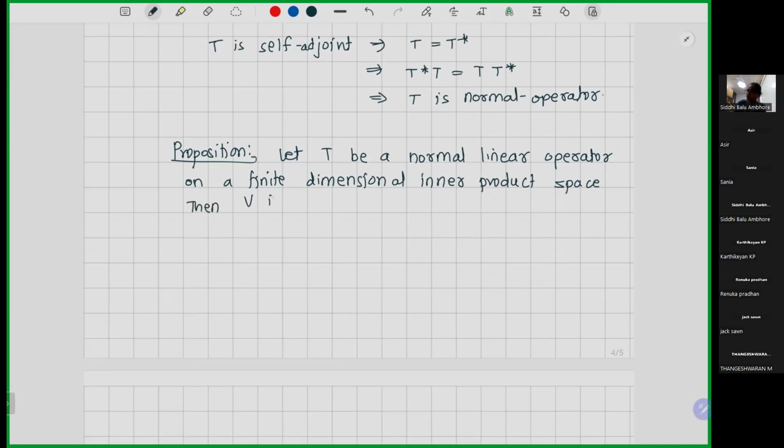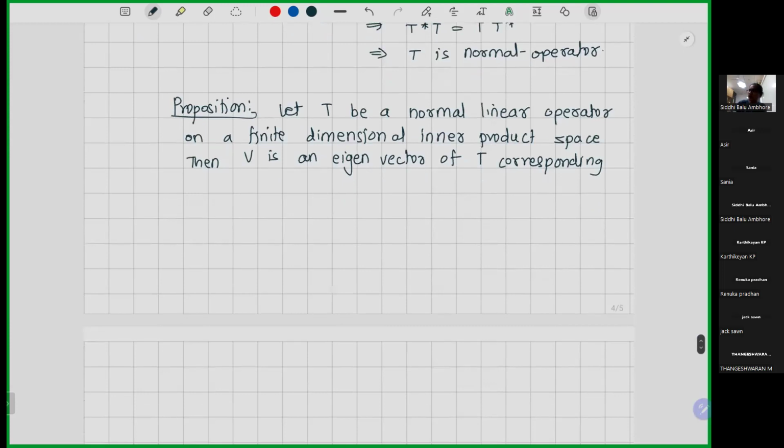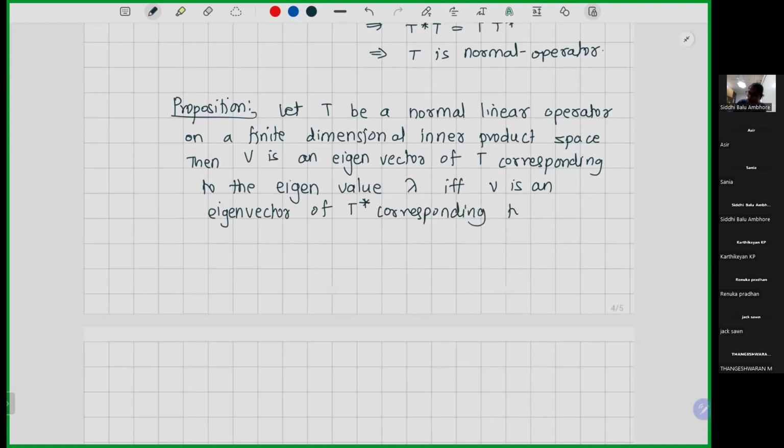Then V is an eigenvector of T corresponding to the eigenvalue lambda if and only if V is an eigenvector of T star corresponding to eigenvalue lambda bar.